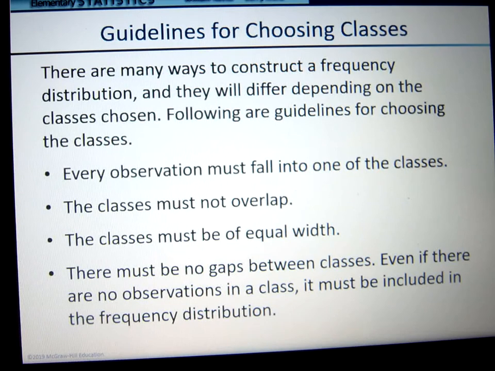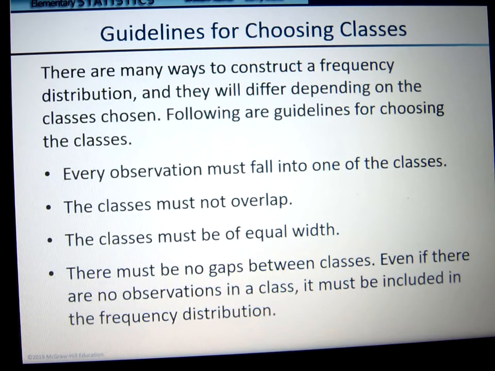So, guidelines for choosing classes. Now, whenever you have a whole lot of data, the objective in developing any type of display or graph is to make it look nice and appealing and easy to read. So each observation you have to make sure is included in one of the classes. You also have to make sure that the classes don't overlap. So in other words, I can't have from 0 to 9 and then from 8 to 12 because it would overlap.